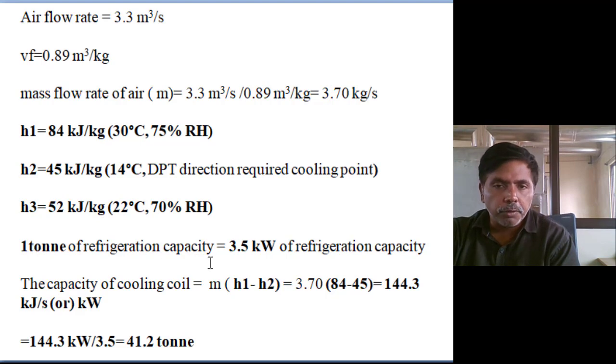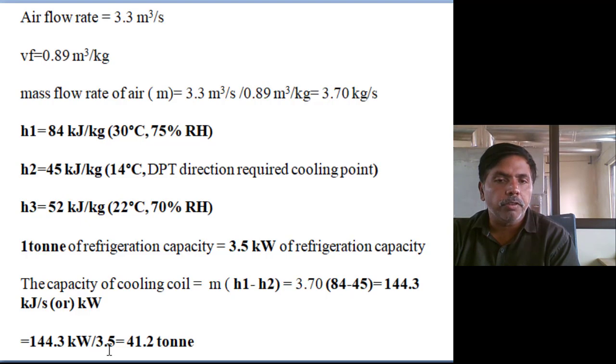Then 1 ton of refrigeration capacity equals 3.5 kilowatt of refrigeration capacity. So the capacity of cooling coil is mass flow rate into enthalpy change, H initial to cooling end, 3.7 into 84 minus 45, 144.3 kilojoules per second or kilowatt.